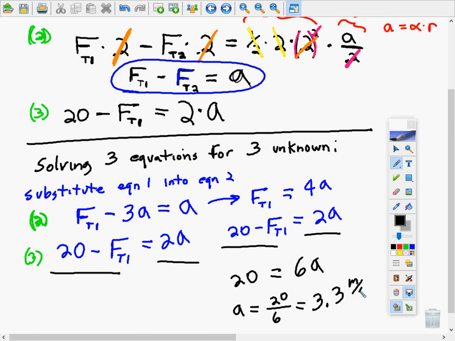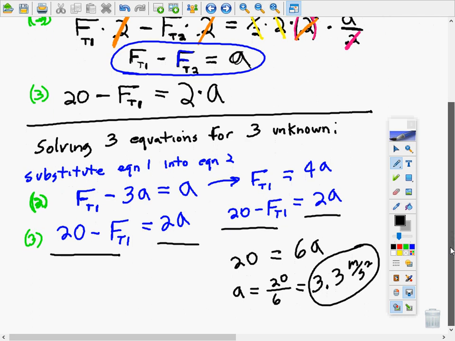Okay. So that was one of my 3 unknowns. So we just plug it back into the second equation now? Now we could plug it into the second equation, bravo. So now ft1 is going to equal 4 times a. I'm going to use my non-simplified value.